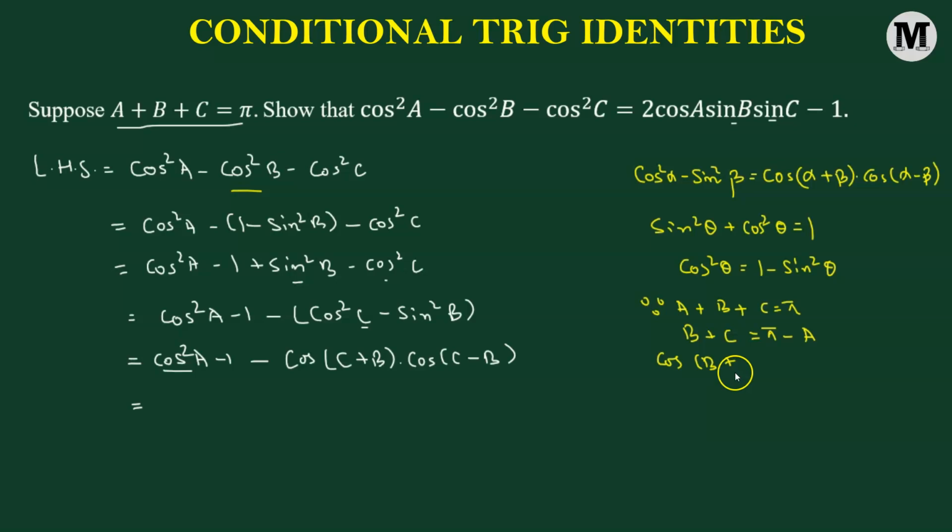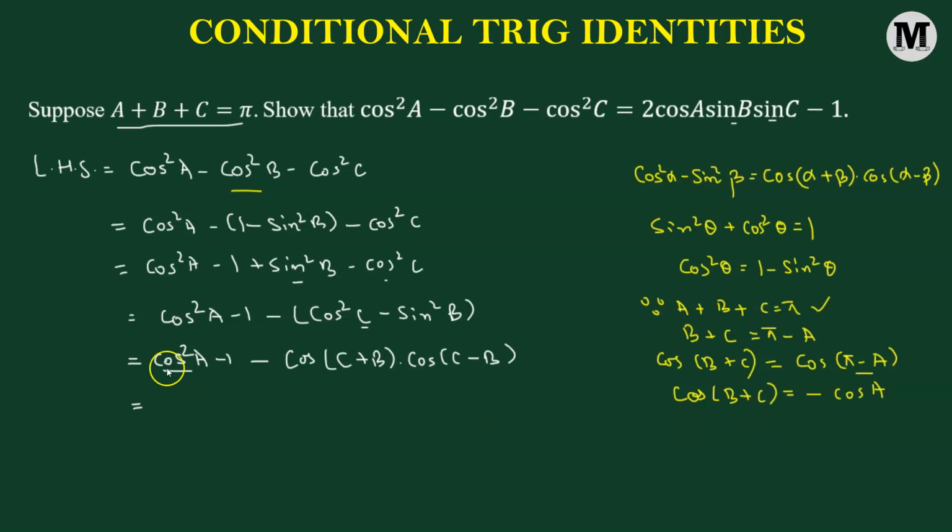So we have cosine of B plus C equals cosine of pi minus A. Now what is cosine of pi minus A? We know that's going to be negative cosine A, negative sign because we are in the second quadrant as dictated by pi minus A, and in the second quadrant the cosine function is negative in nature. So cosine of B plus C is the same as negative cosine of A, provided we meet the condition that A plus B plus C equals pi radians.